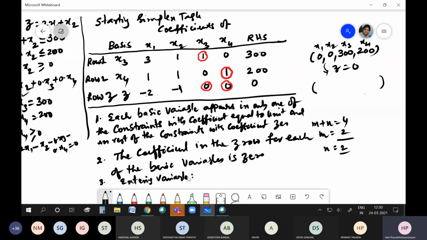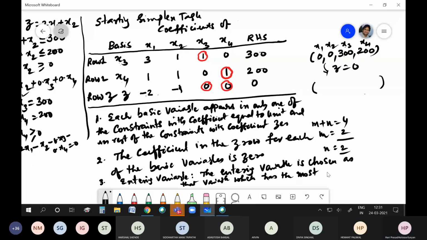The entering variable is chosen as that variable which has the most negative coefficient in the Z row.